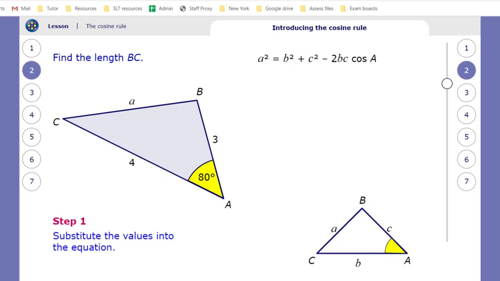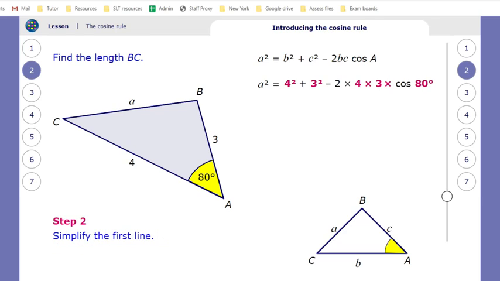Our starting way to do this is to substitute the values into our actual equation. So we've got a squared is equal to 4 squared plus 3 squared minus 2 lots of 4 times 3 times cos of 80. We can then start to simplify that as much as possible.